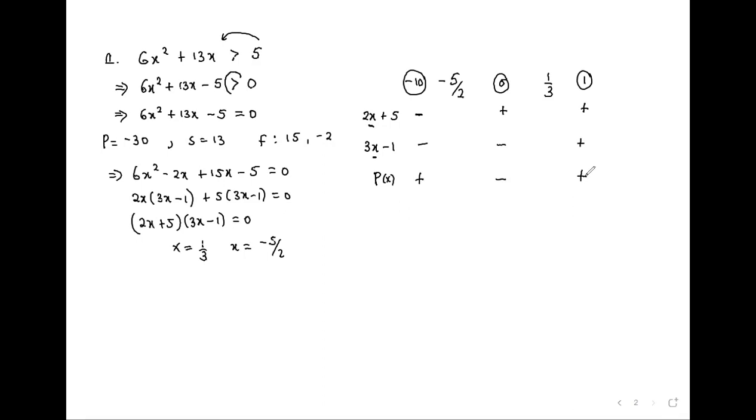It's saying greater than, so here and here. The solution set is from negative infinity all the way up to negative 5/2, union 1/3 all the way up to infinity.